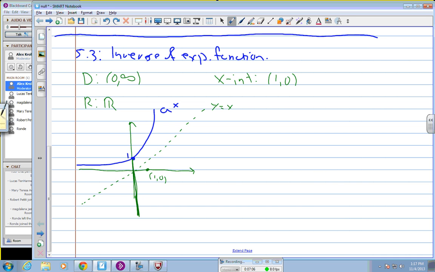So if you start flipping everything, you're going to end up with a vertical asymptote at the y-axis, or x equals 0. Then just visually flip the blue line. You're going to end up with something like that, right? You have asymptotic behavior as the graph approaches the y-axis. So it looks something like that.